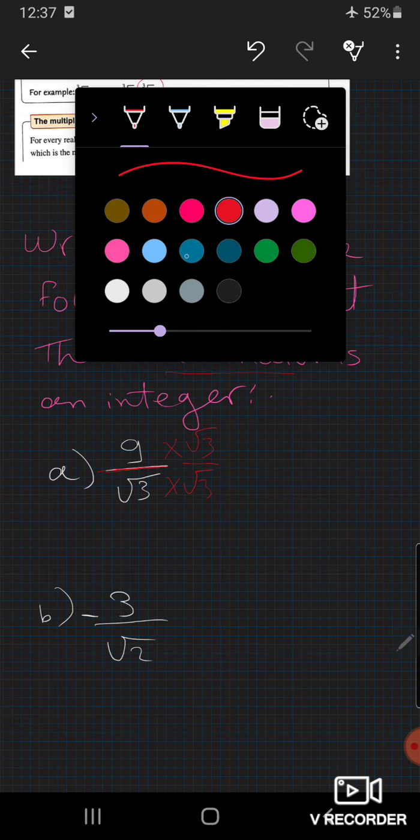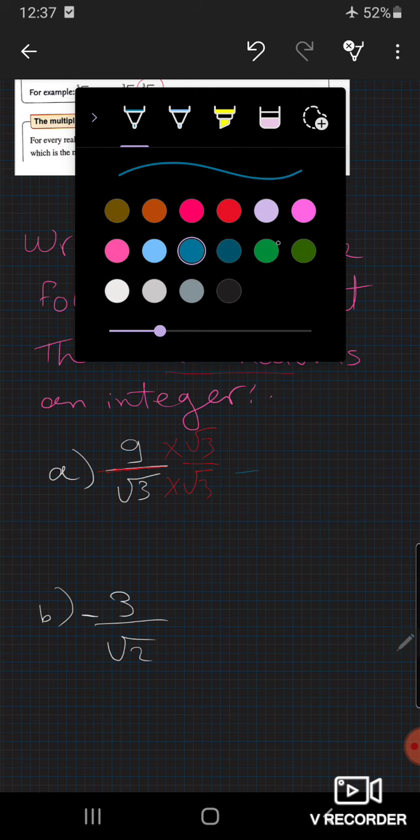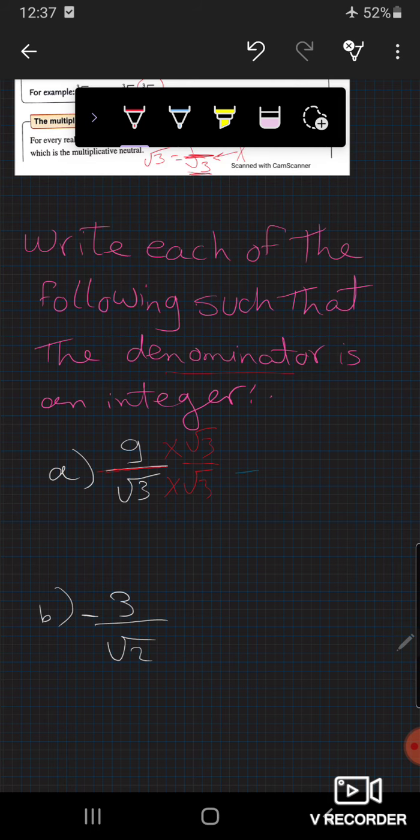So you have 9 times square root 3, which is 9 square root 3, over square root 3 times square root 3, which is 3. 9 divided by 3 equals 3 square root 3. Now the denominator is like over 1.